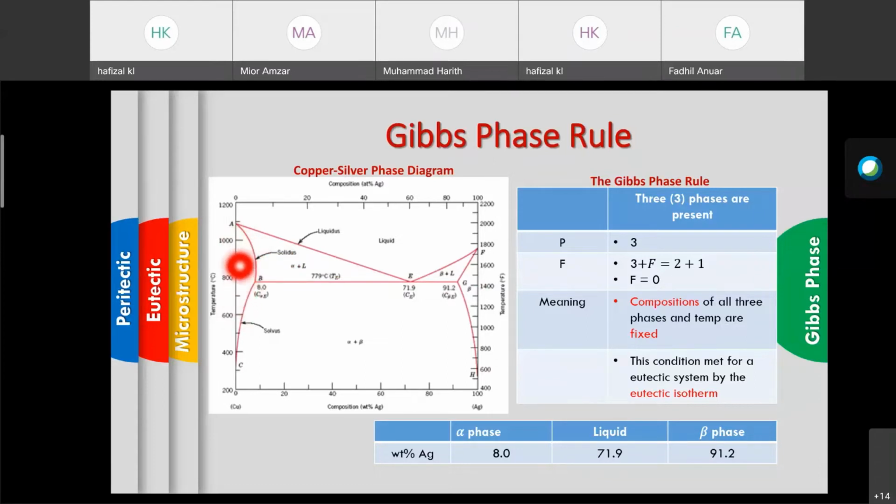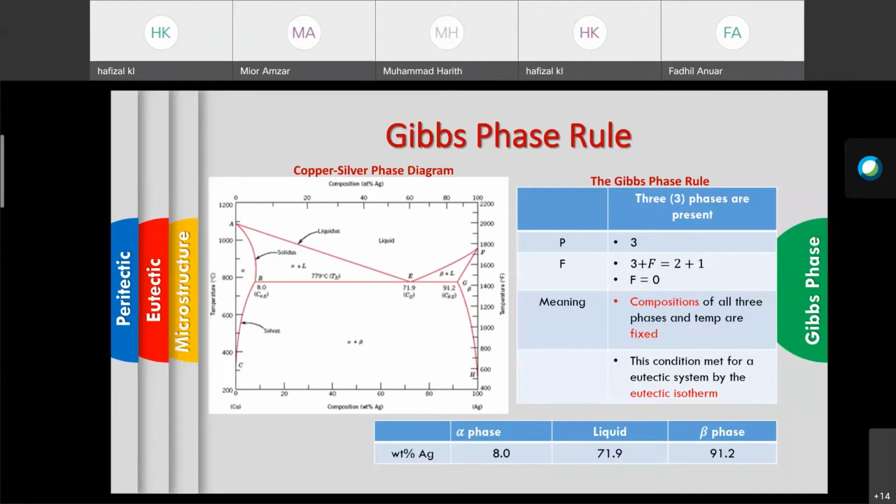Along the way there is a phase transformation, and finally we can see the existence of Ag only, because the Ag composition is high. From there we can project the composition along the line at the set temperature. This is due to P equal to 3, and finally we get the F value equal to 0.